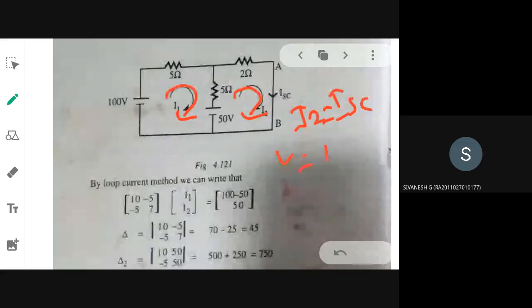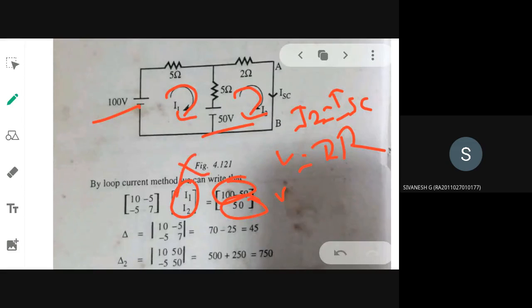What is the voltage matrix? Here one voltage source is there, and here another, both in opposing connections. So 100 minus 50 for the first mesh, and for the second mesh, 50. This finishes the voltage matrix, and I1 and I2 are the unknown currents that I want to determine.